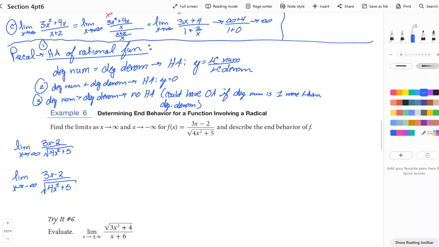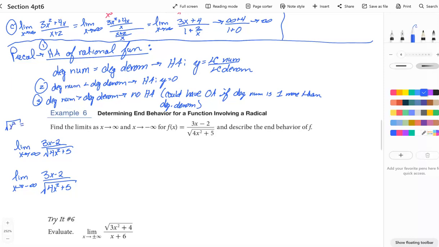We're going to use that same trick where we divide the top and the bottom of the fraction by the largest x in my denominator. So I have an x squared, but it's under a radical.